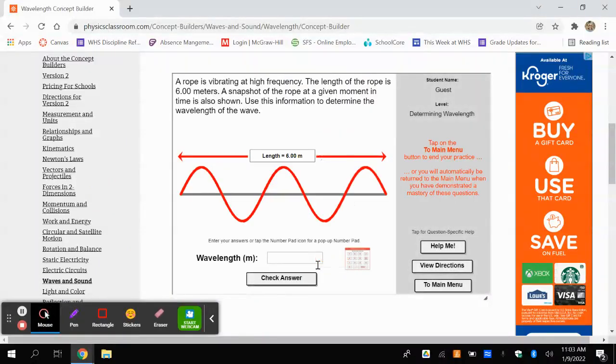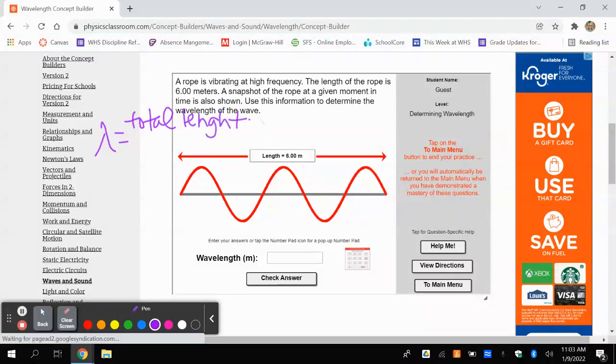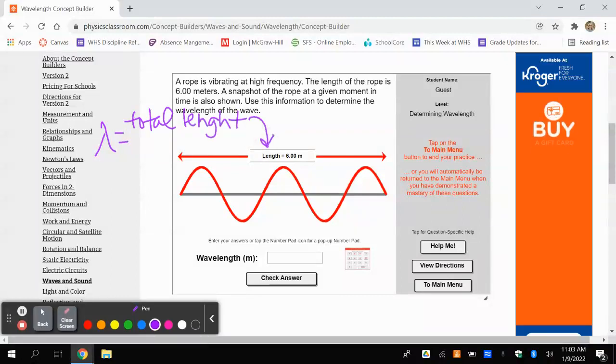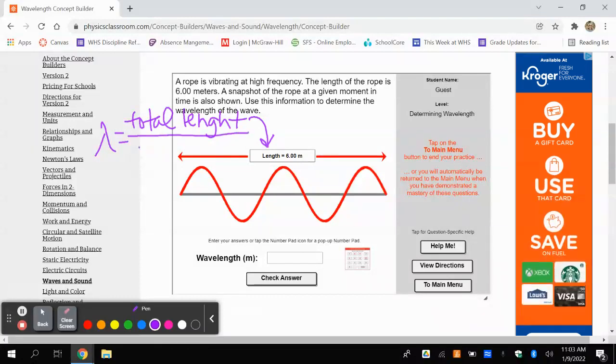So yes, basically what you're doing to find the wavelength, remember wavelength equals the total length of our wave pattern, which is given to us right there, divided by the number of waves, which we have to count.